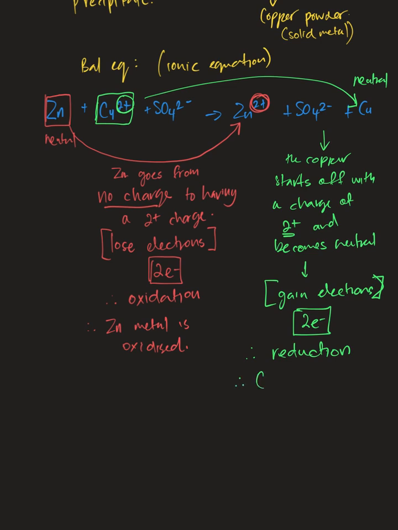So therefore the copper 2 plus ion is reduced. Right. Then if I look at the last thing there, look at the SO4 on both sides. The SO4 stays SO4. So there's nothing happening. So my relationships are between the zincs and the coppers.